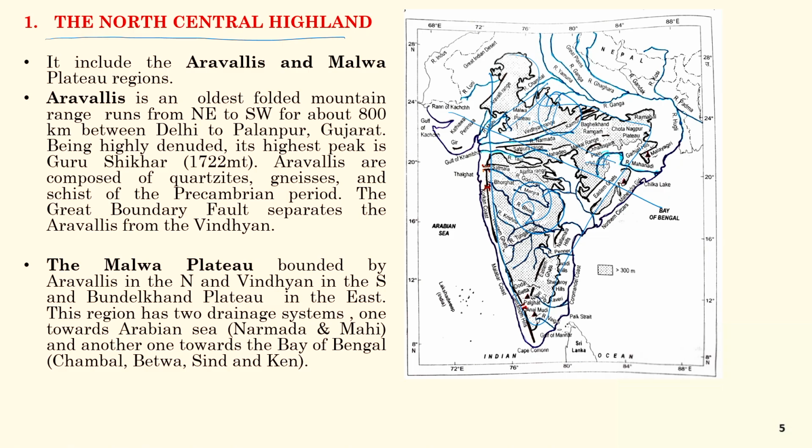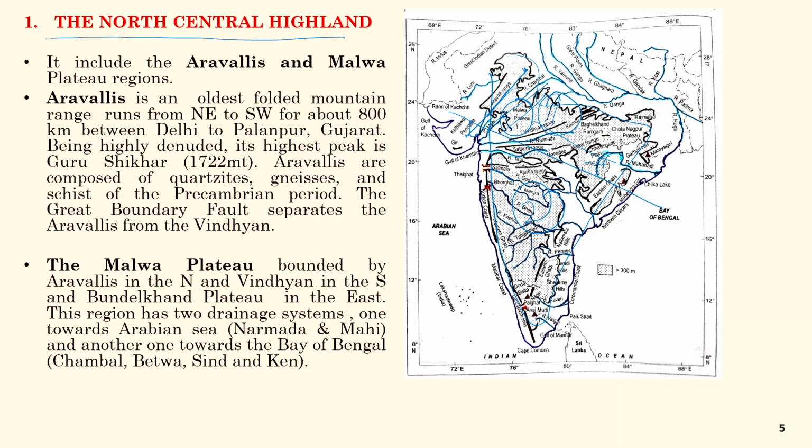The first portion which we are focusing on here, the North Central Highland, includes the Aravalli Range and the Malwa Plateau region. Aravalli, which is one of the oldest folded mountains, runs from northeast to southwest for about 800 km between Delhi and Palanpur, Gujarat.